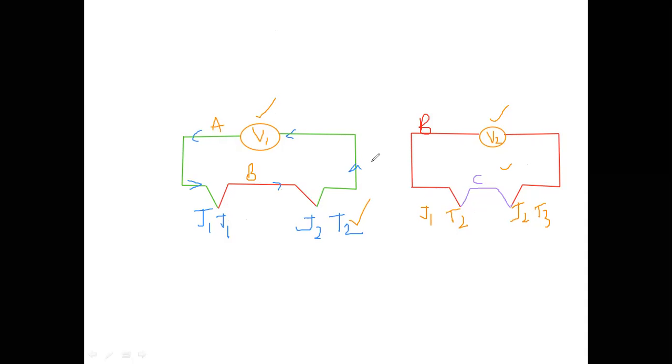So if I combine this, this is metal A, this is metal A, and this is metal C. This junction J1 is at temperature T1 and this junction J2 is at temperature T3.